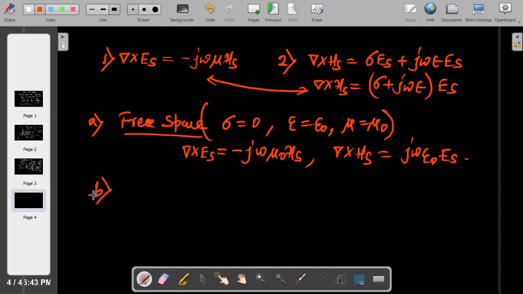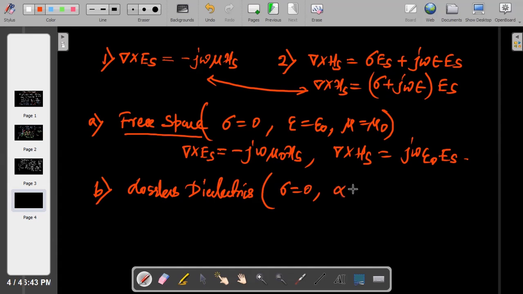Now second one, what I told, lossless dielectric. I hope all of you are following because we will not discuss again in the class. We don't have time also. Lossless dielectrics. So here also sigma is 0. Lossless means your alpha is 0.